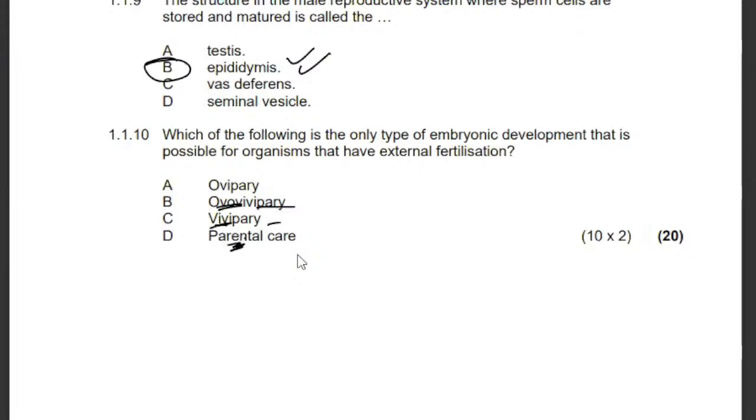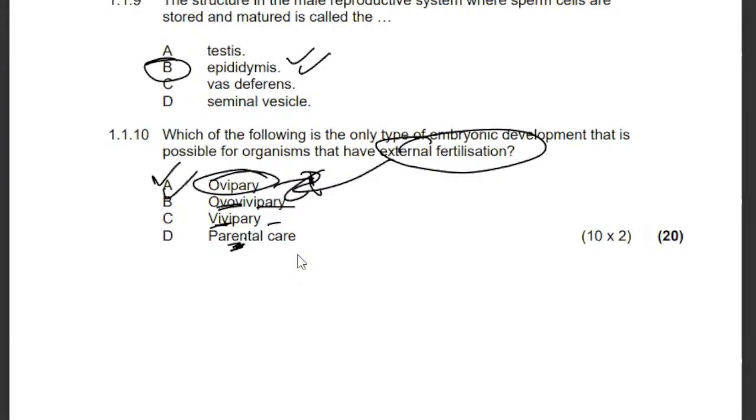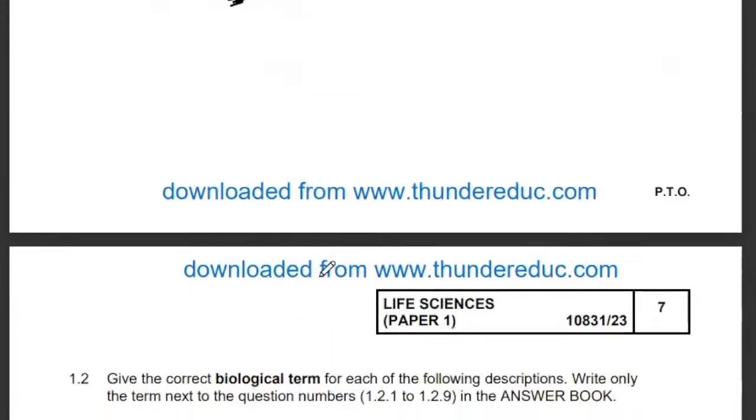Parental care is not a strategy. So we are looking at oviparity. External fertilization is linked with this. Why? Because the sperms are sprinkled on the eggs when the eggs have already been laid. So the most correct answer here is going to be A.